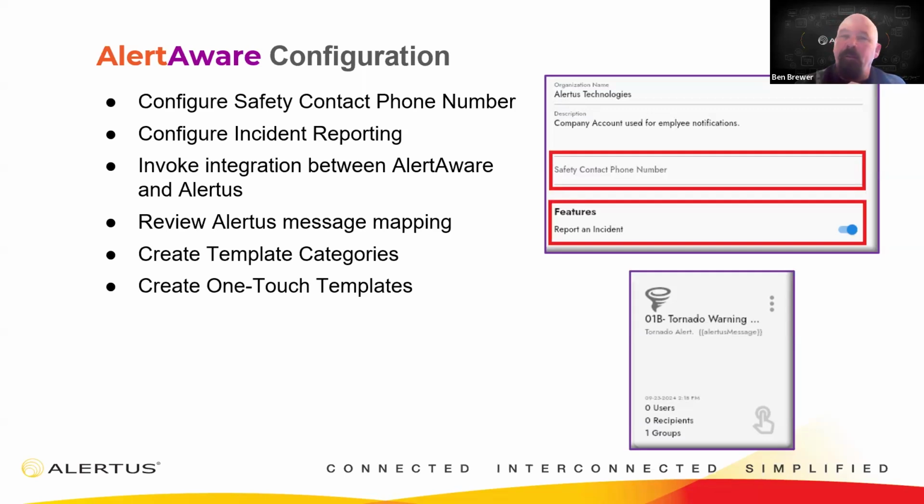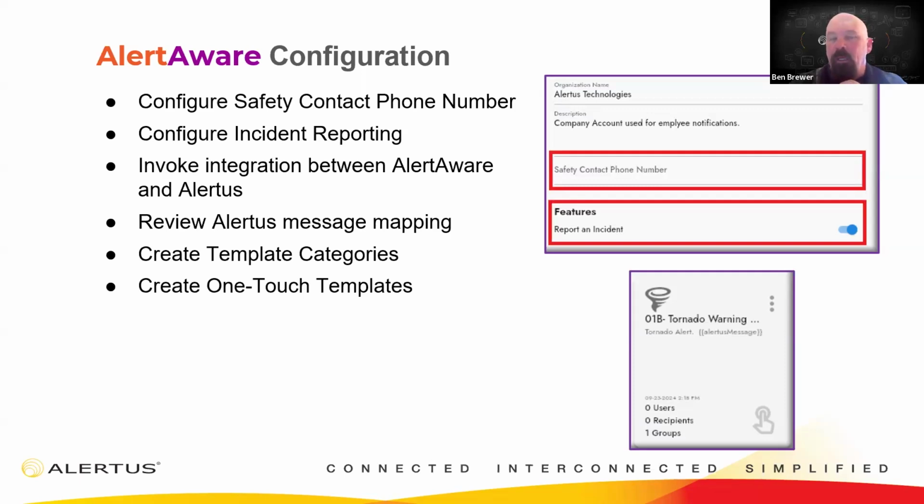And then probably one of the longer duration activities that we'll be involved in is integrating AlertAware with Alertus and Alertus with AlertAware. As I mentioned before, we've got an awesome two-way integration between these two platforms, and the ability to nest one within the other is really unparalleled with regard to these types of systems.